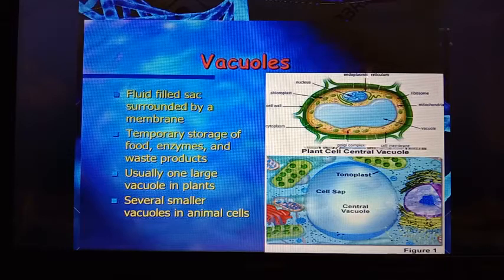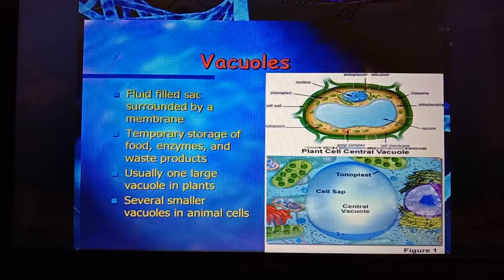Now, what are the functions of vacuoles? They help to store different kinds of materials like foods, enzymes, waste products, etc. They maintain the shape and rigidity of the cell. Contractile vacuoles are present in amoeba, help to maintain water balance.